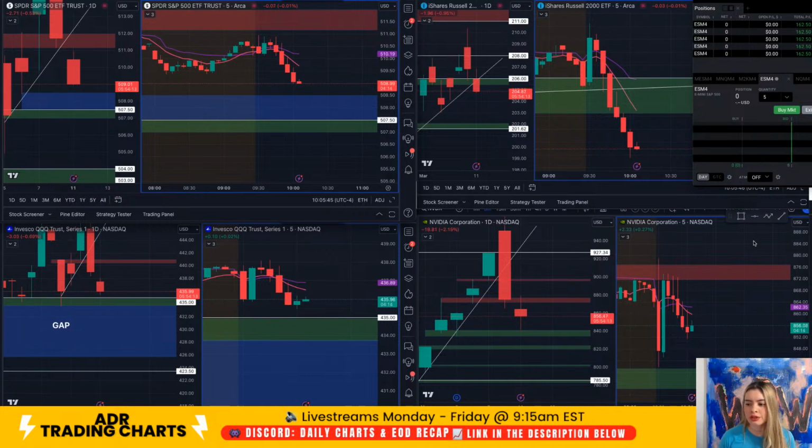SPX puts. Nice. Okay, so Apple is rejecting there. That's gonna help the market to go lower. But still holding the VWAP, so I will say it's still strong.